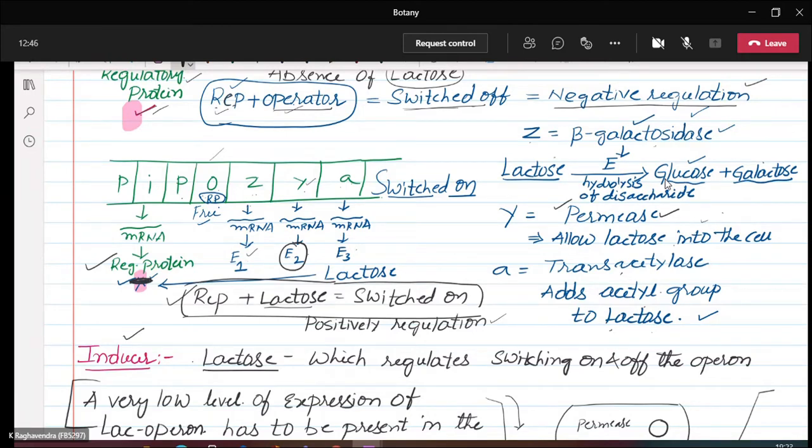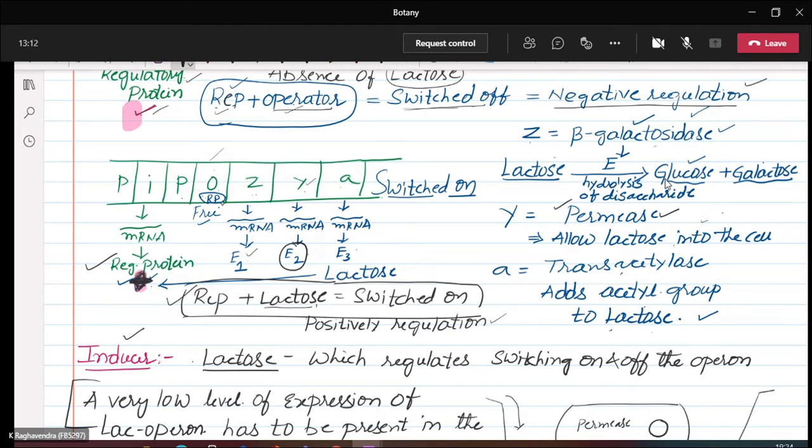Lactose enters the cell, and the lactose which enters the cell binds with the repressor protein. Actually, this regulatory protein or repressor protein is meant to bind with operator. But when lactose is present inside the bacteria, the lactose binds with the repressor protein and does not allow the repressor protein onto the operator.